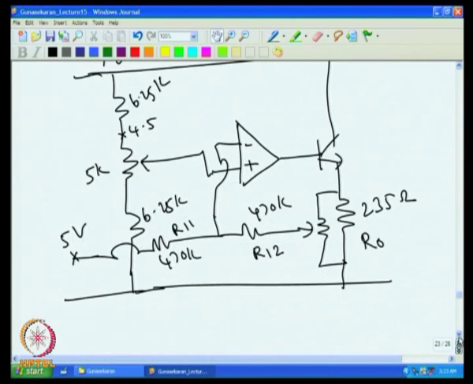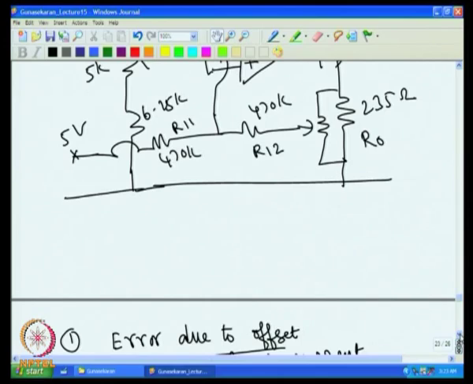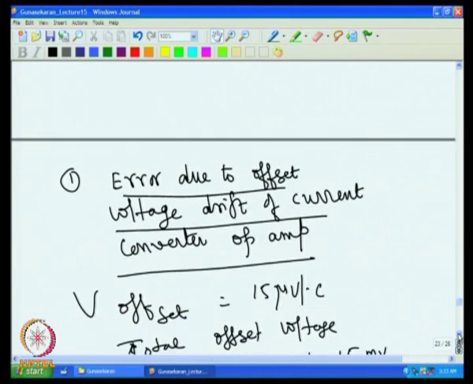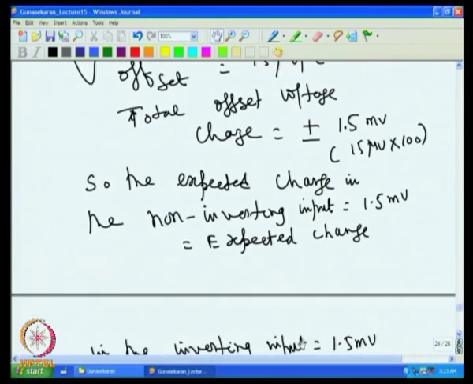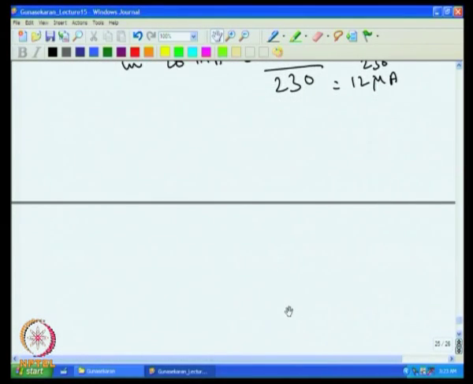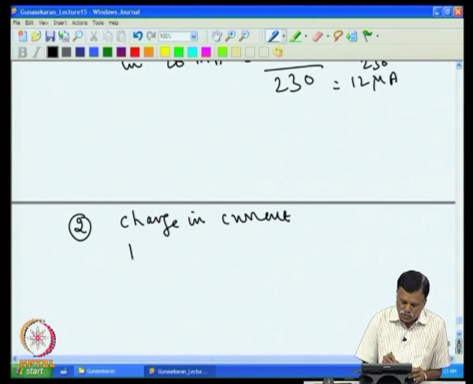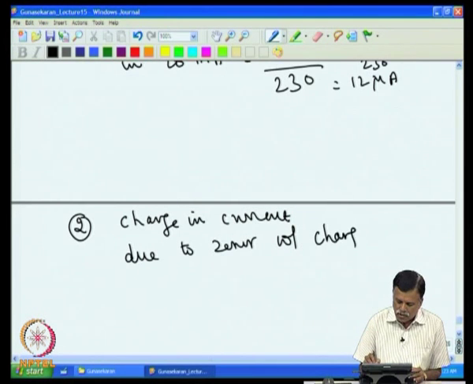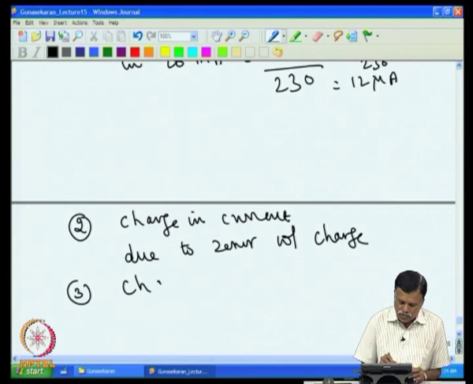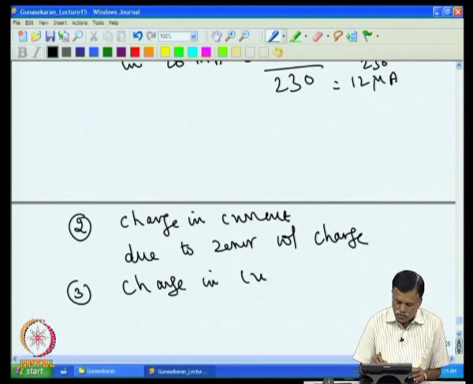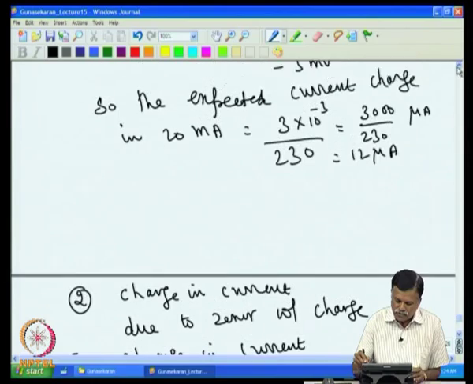So, first we list them and then we compute them in the next class. The errors to be calculated are: the second error to be computed is the change in current due to Zener voltage change. Then we also have to compute the change in current due to R10, R11 and R12 change.